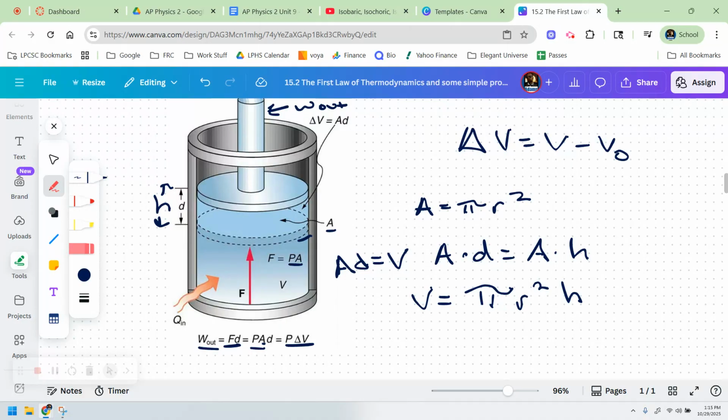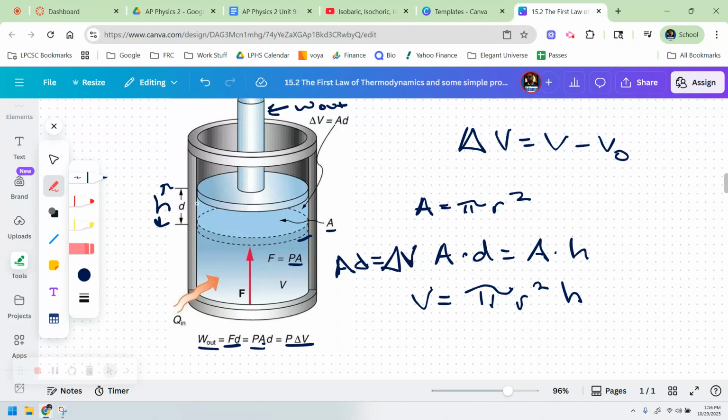And because of the volume of the cylinder and its cross-sectional area, the A times the D, technically, let me add this in here so there's no confusion. This is technically delta V, right?